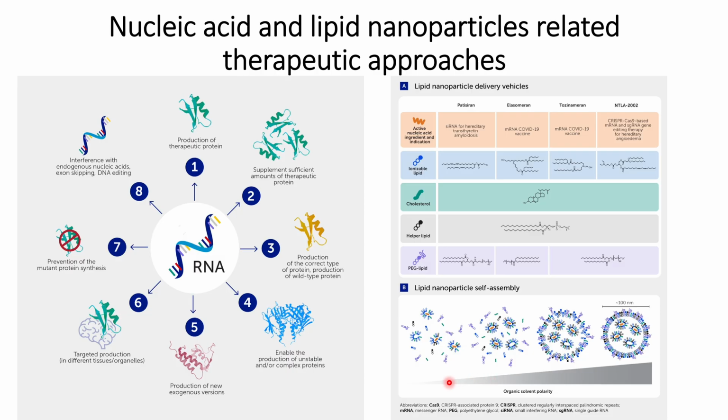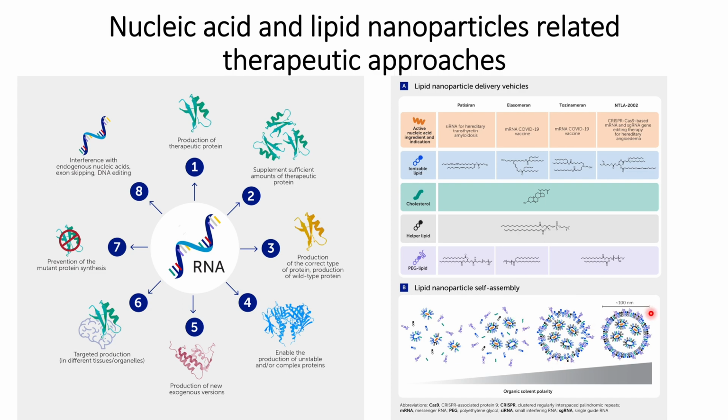The lipids which are usually present in the organic solvent, when they move into the acidic aqueous solution, can be easily ionized or protonated, and that leads to the formation of these circular structures. And the PEG lipid, which is also hydrophobic in nature, once it mixes into the acidic aqueous solution, will also form a final coating layer around these lipid nanoparticles.